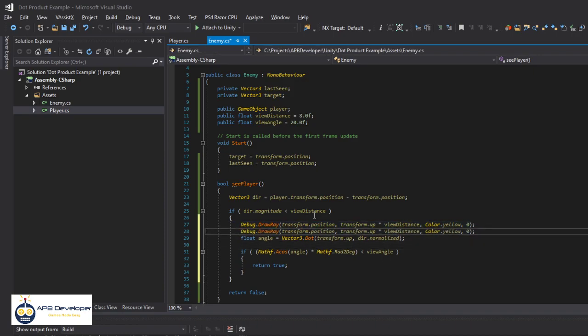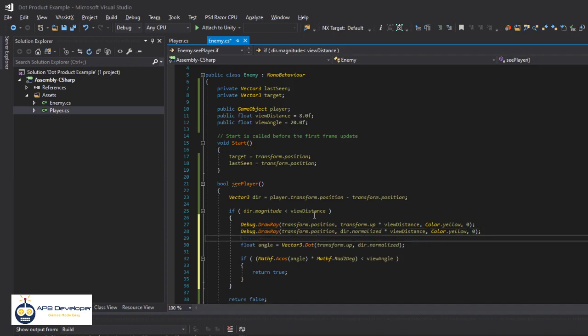And we'll do another one. This time it's the direction normalized. Right, so we'll use that for now.